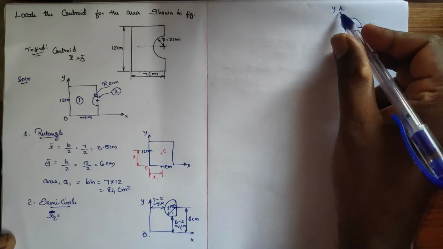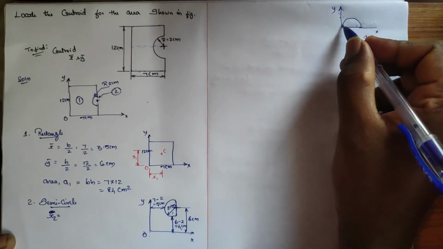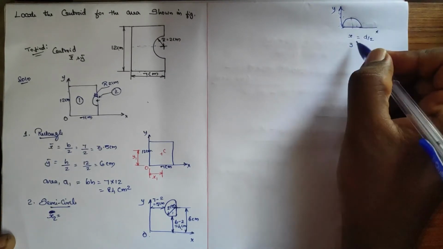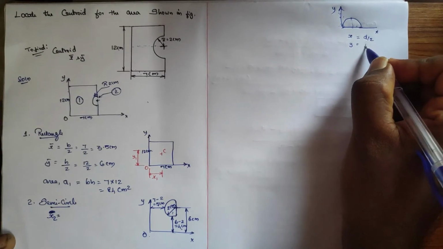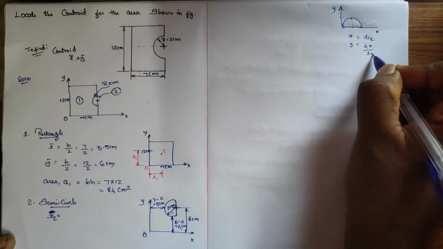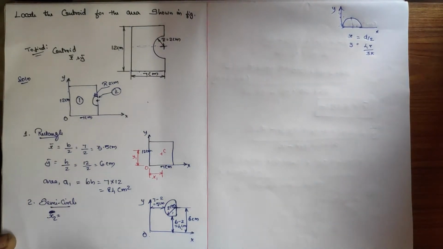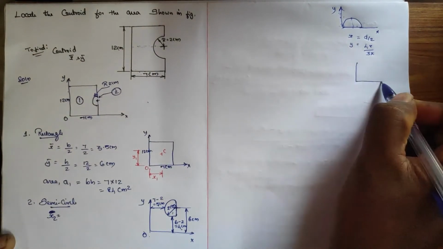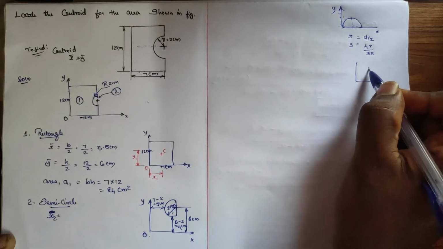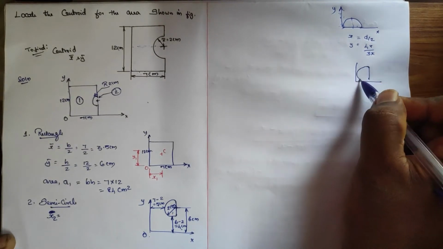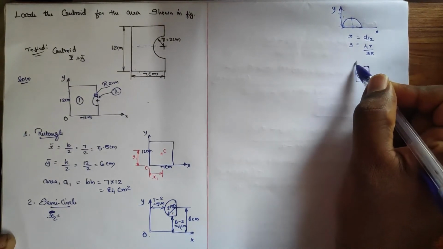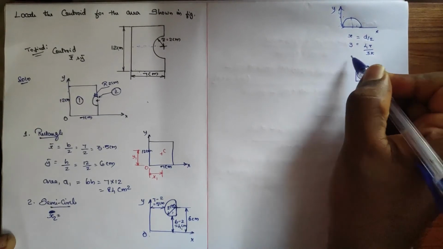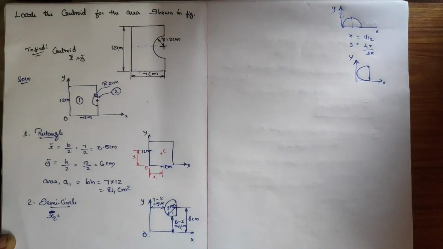When you come to y, here the length is a radius, so the formula is 4r by 3 pi, something like this I have told you. So here the position of the semicircle is just like this.